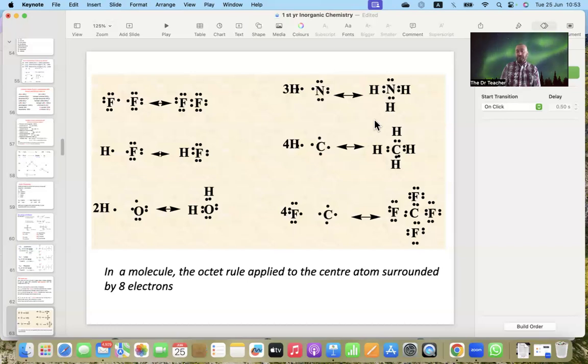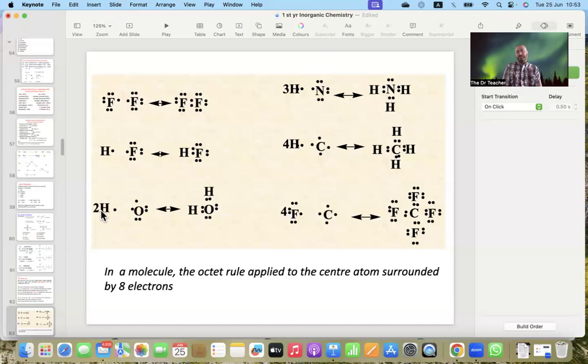It needs 4 hydrogens. So 4 electrons from the 4 hydrogens and 4 electrons from itself become 8 electrons surrounding the central atom. This central atom obeys the octet rule.